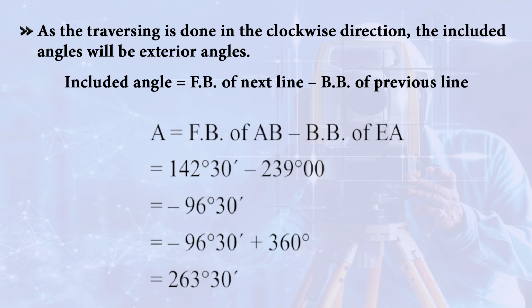We have already calculated forebearing and back bearing of each and every line. So, forebearing of AB is 142 degree 30 minutes and back bearing of EA is 239 degree. So, the equation will be 142 degree 30 minutes minus 239 degree, which will result in minus 96 degree 30 minutes. Since it is negative, we will add 360 degree to it and it will result in 263 degree 30 minutes.